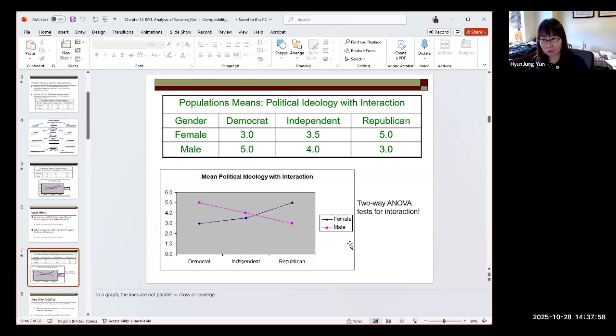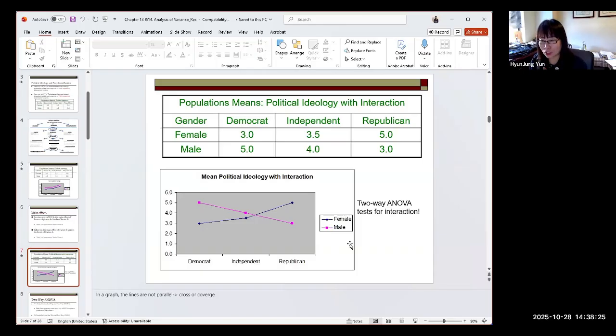female Republicans are most likely to be conservative. That is a fact. That is how American public opinion shows that when gender and party affiliation are combined, females are usually more likely to be liberal, but when combined with party ID, female Republicans are most likely to be conservative.